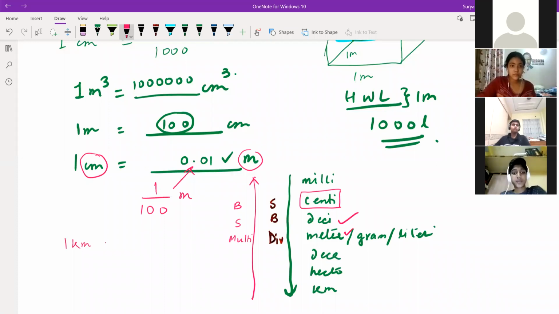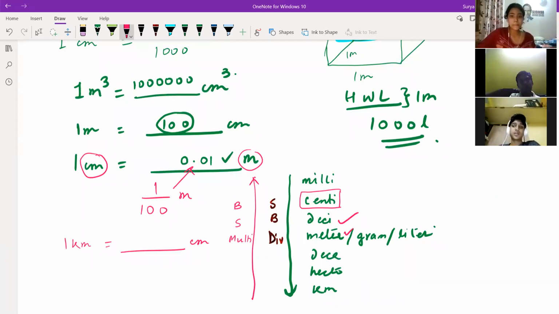1 kilometer is equal to how many centimeters? Deepshikha.